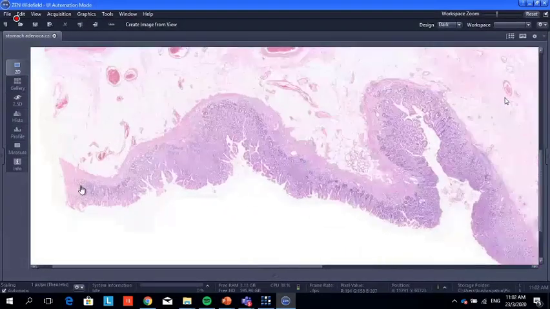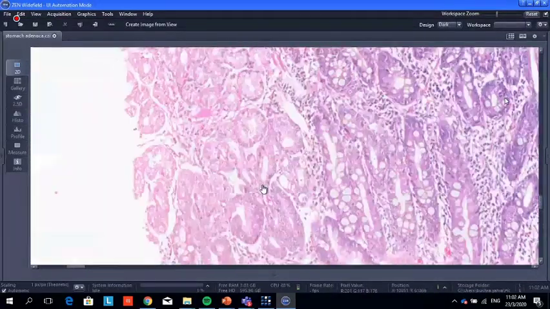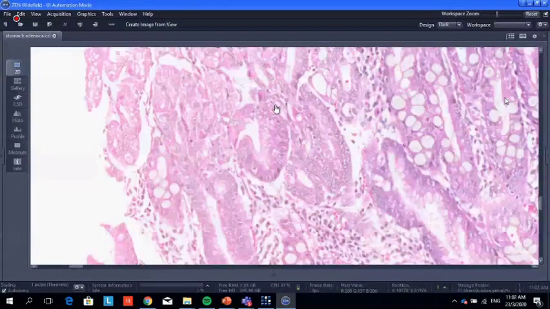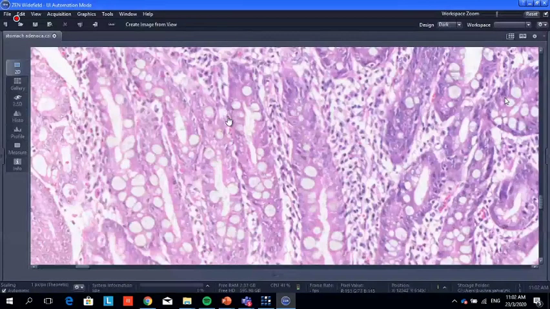Okay. What happened to here? See, these are the glands. What happened to the gland here? What do you think the abnormality is here?